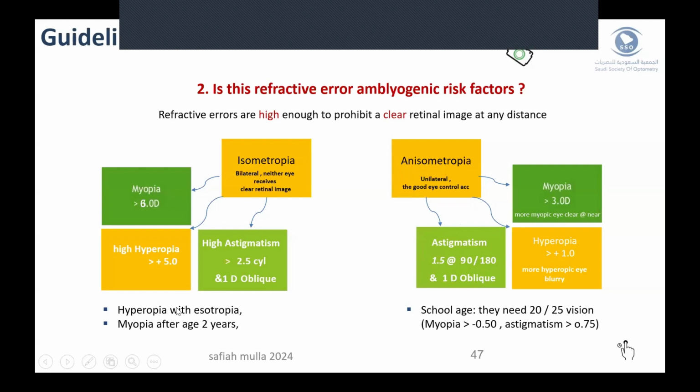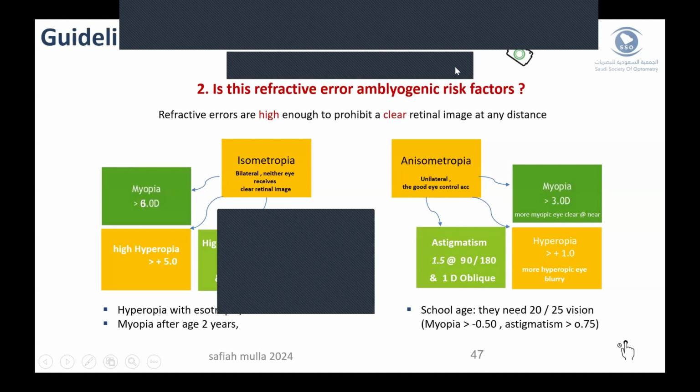Also, hyperopia with esotropia needs to be corrected. Myopia after the age of 2 years, if they have a refraction, needs to be corrected. School-age children who need 20/25 vision, if their vision is less than 20/25, then even if they have myopia of 0.5 diopter or more, you need to correct them. And if they have astigmatism of more than 0.75, then you need to correct them because they need very clear images in their activities, okay?